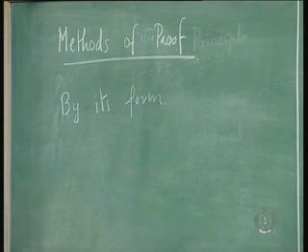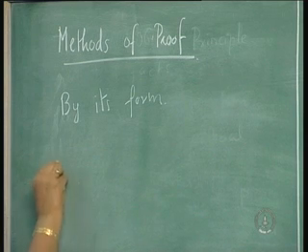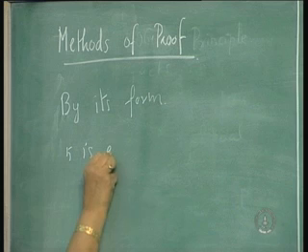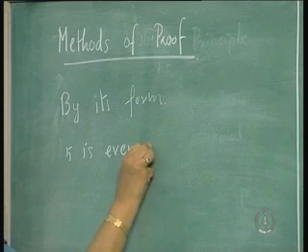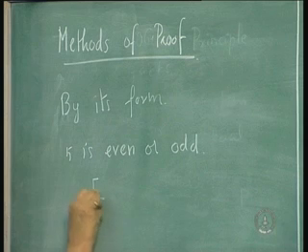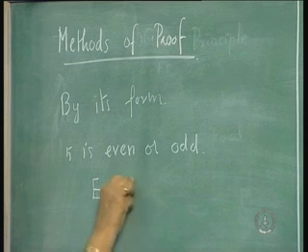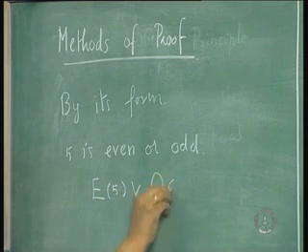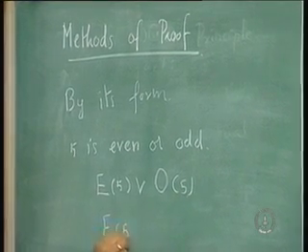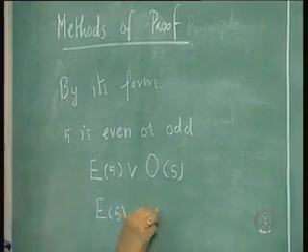For example, something like this: 5 is even or odd. I can write this in logical notation as E5 or O5, or in essence you can write it as E5 or not E5.